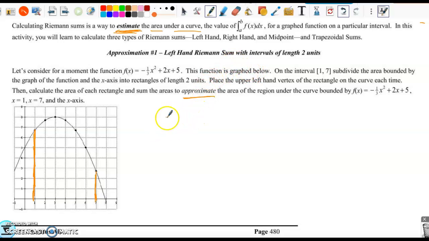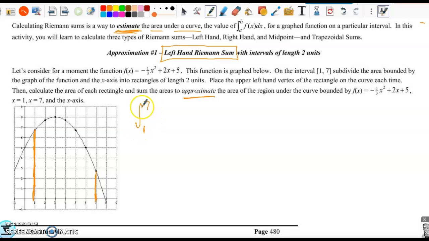The whole premise of this, and we're starting with a left Riemann sum, is we're going to make several rectangles underneath the curve to approximate the area. The notation we're going to get used to is we'll write it as the integral from 1 to 7 of the function f of x dx.